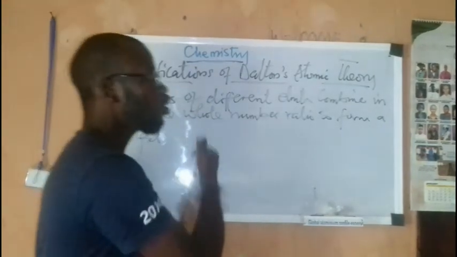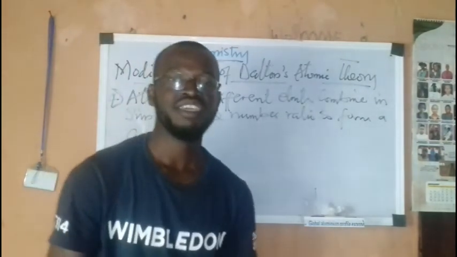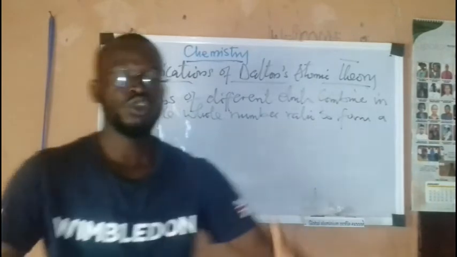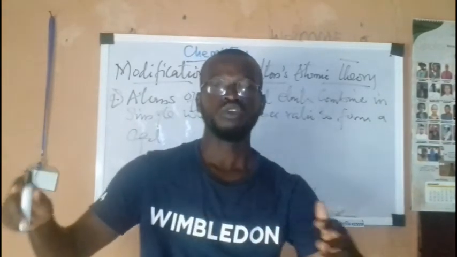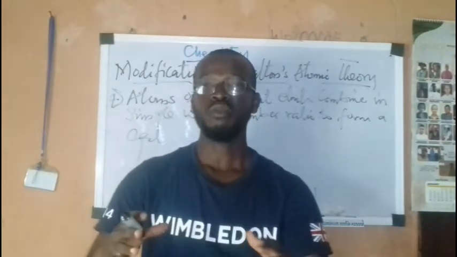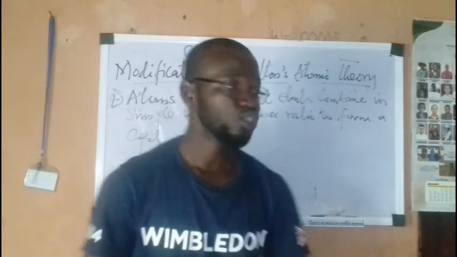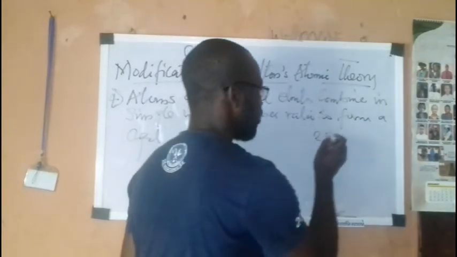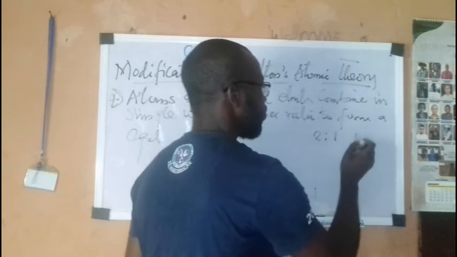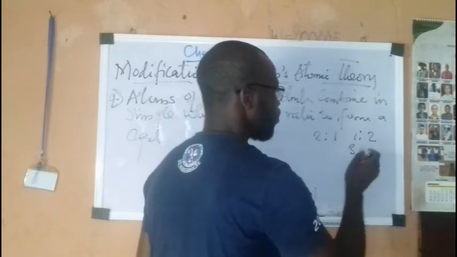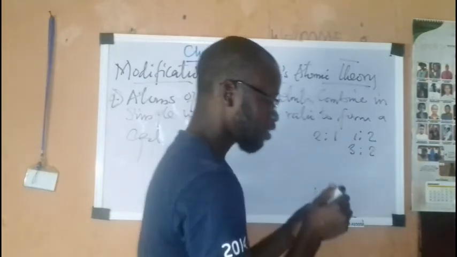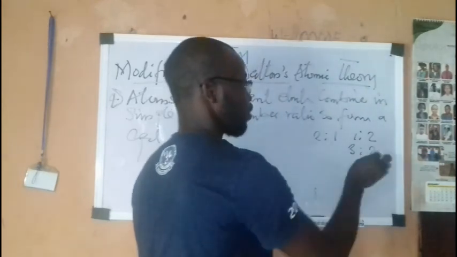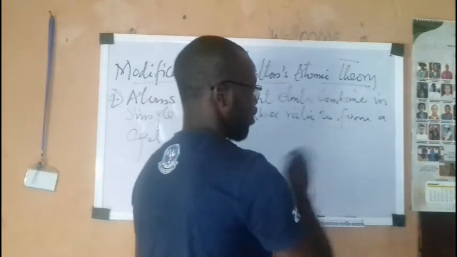This only holds in inorganic chemistry. In inorganic chemistry, atoms of different elements combine in simple whole number ratios like 2:1, 1:2, 3:2. They are whole numbers without decimals or fractions attached to them.